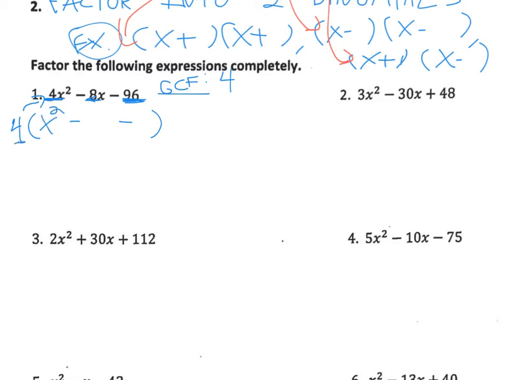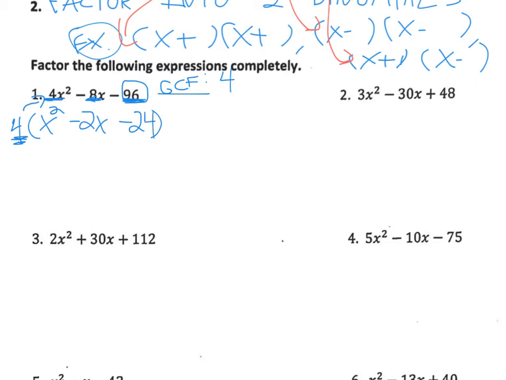Okay, how many times does 4 go into negative 8x? Well, that's negative 2x. And then the next part, when you use your calculator, how many times does this 4 go into this 96? As I said, I believe that is 24 times. So we'll put 24.